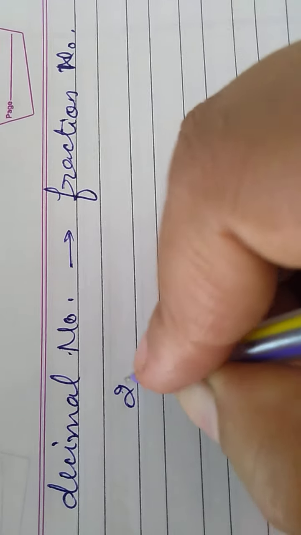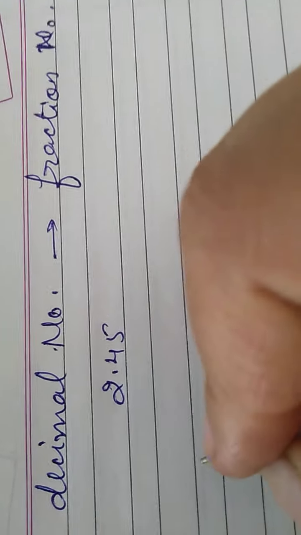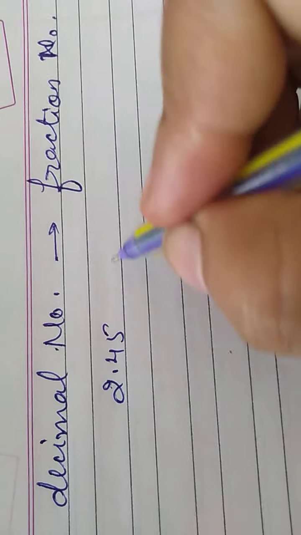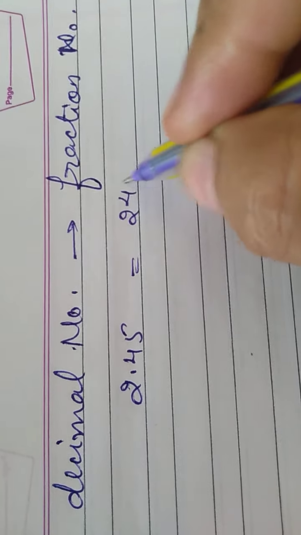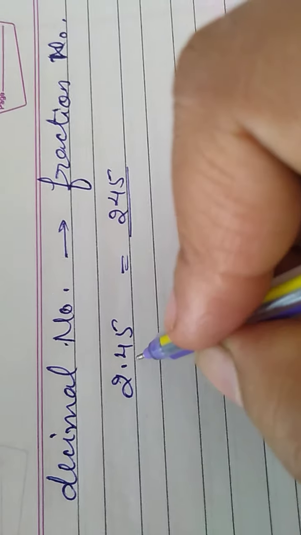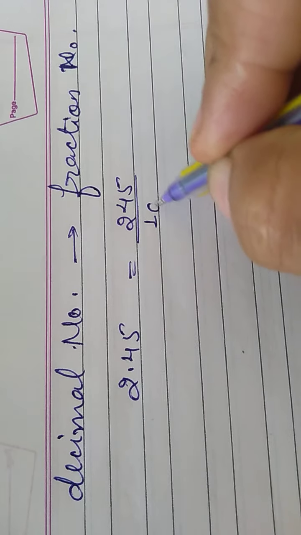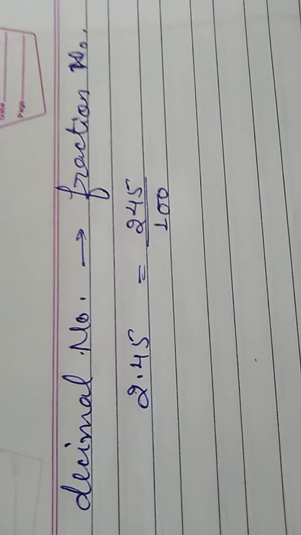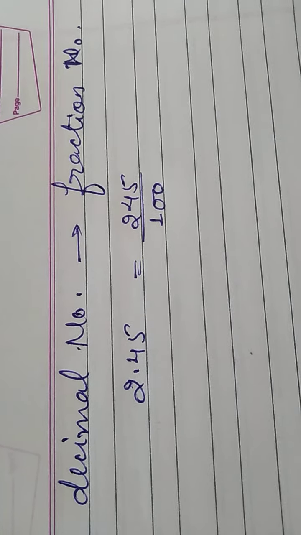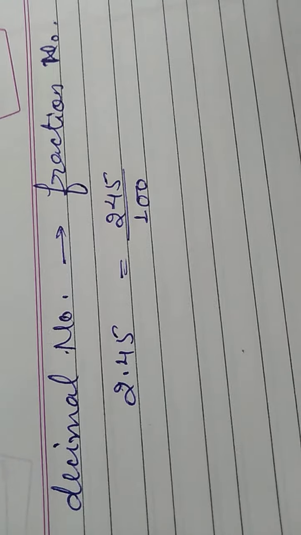Suppose the decimal number is 2.45. So here we will write the whole number as the numerator, 245, and then we'll count the decimal places, 2. So in the denominator we will put 2 zeros with 1. So the denominator will be 100 and the numerator will be 245.